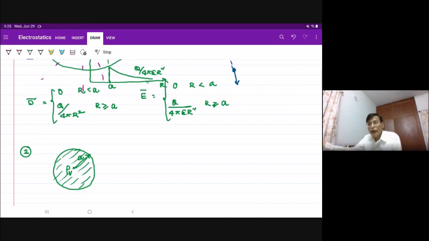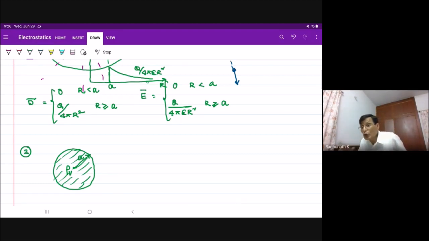This is where actually we should have understood Gauss law properly. I want to determine the electric field intensity at any point outside and inside the sphere also, because charge is there everywhere.